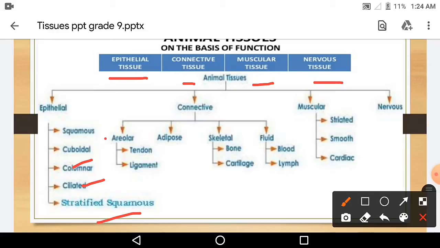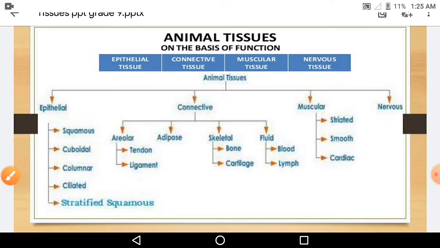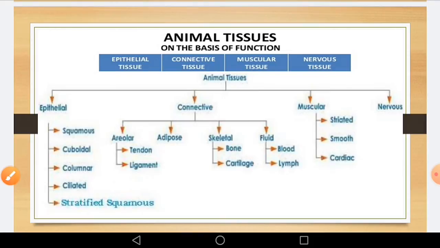Connective is further divided into areolar, adipose, skeletal, and fluid. Areolar is further divided into tendon and ligament. Skeletal into bones and cartilage. Fluid into blood and lymph. Muscular tissue into striated, smooth, and cardiac muscular. And last is the nervous tissue. So this is the classification of animal tissue on the basis of their function.